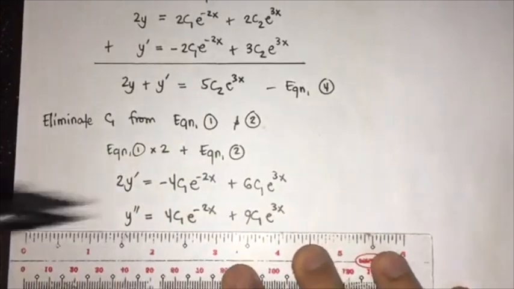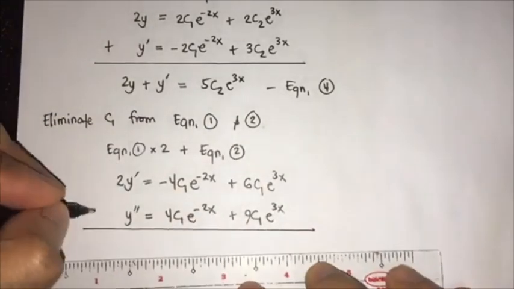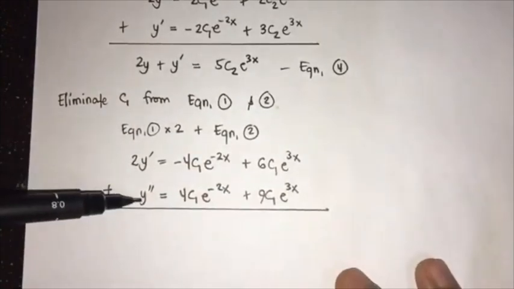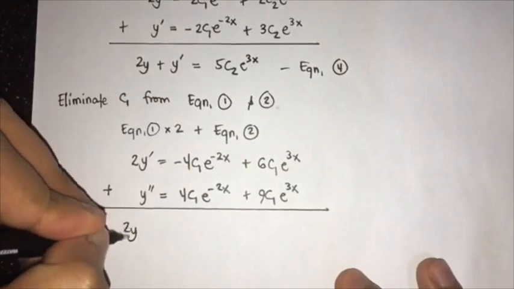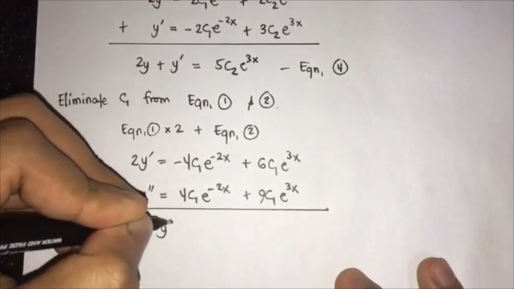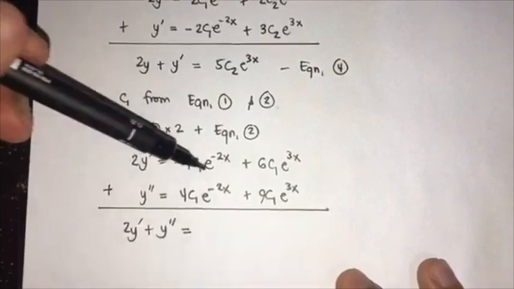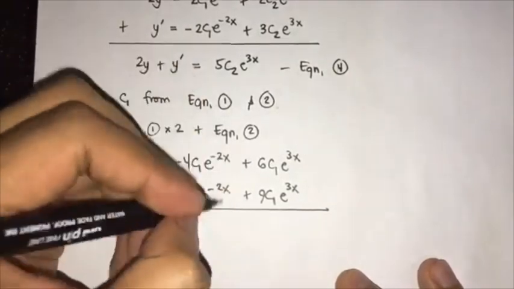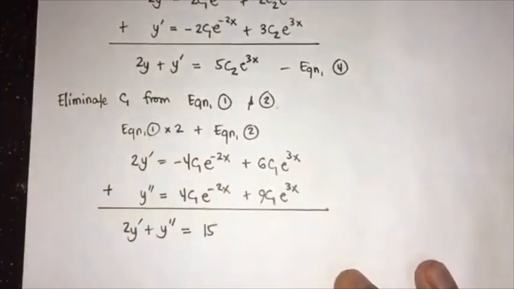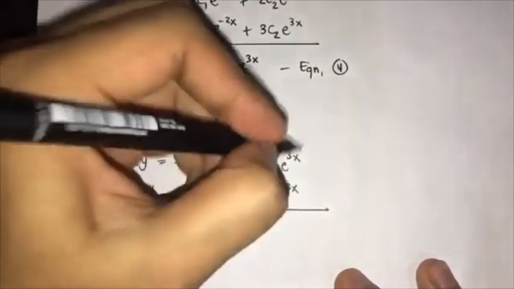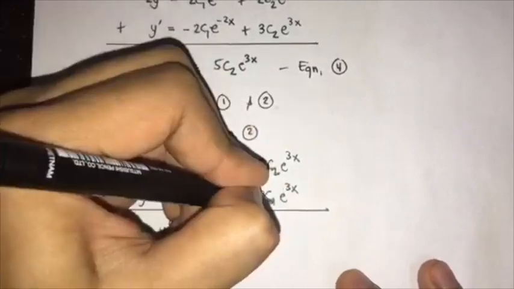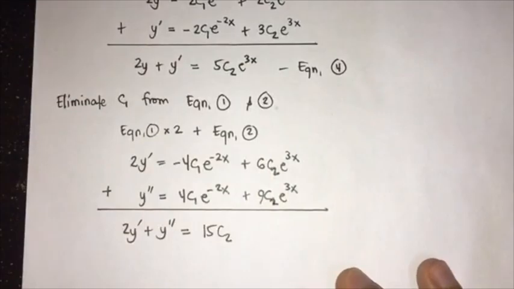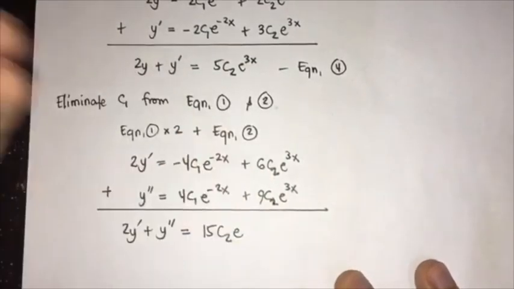Okay, so adding, 2y prime plus y double prime is equal to, this will cancel out, and then 6 plus 9, so we will have 15c2 e to the power of 3x.